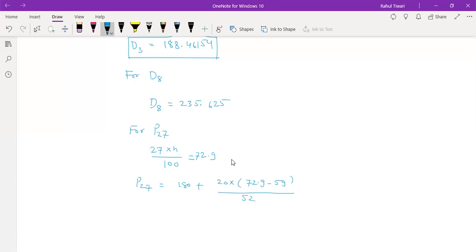Therefore you can calculate this P27, which is 185.34615. I hope you'll get this answer.